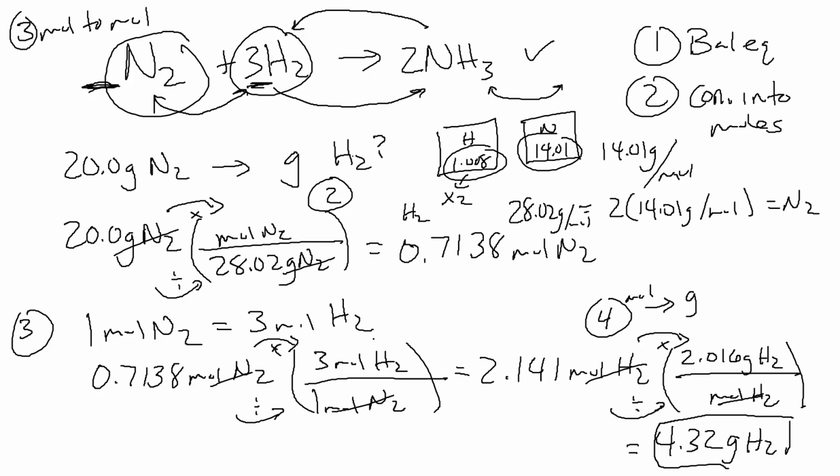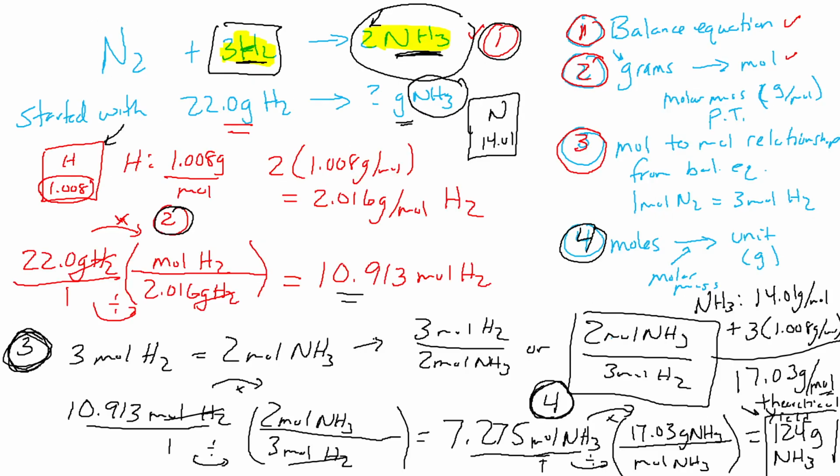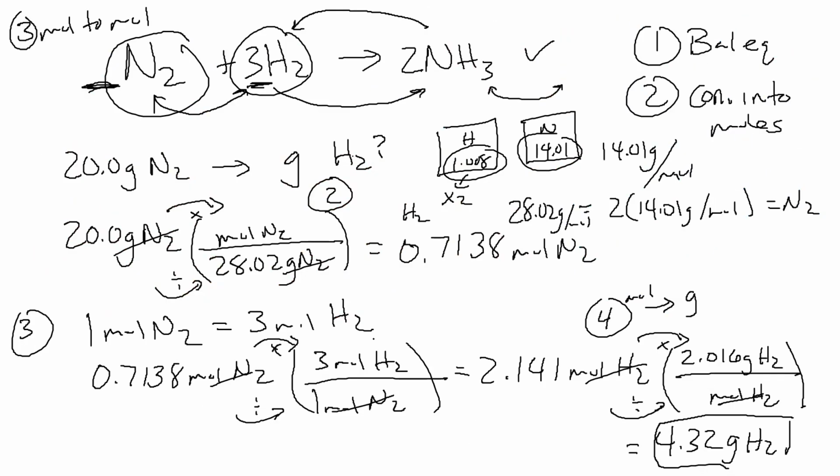Last little thing that ties with this is if we look back at our original problem there, we produced 124 grams. And that 124 grams that we produced of NH3 was known as the theoretical yield, and that is your maximum yield.